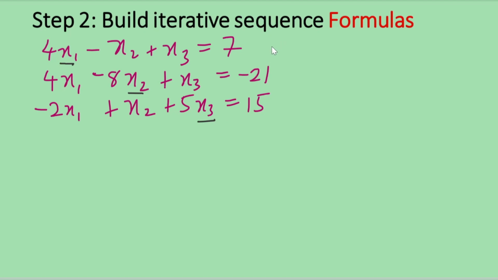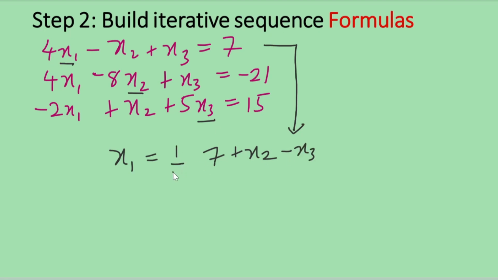So we will look at x1 here, x2 here, and x3 here. So we will rearrange this linear equation as x1 equals 7 plus x2 minus x3 divided by 4, or multiplied by 1 over 4.